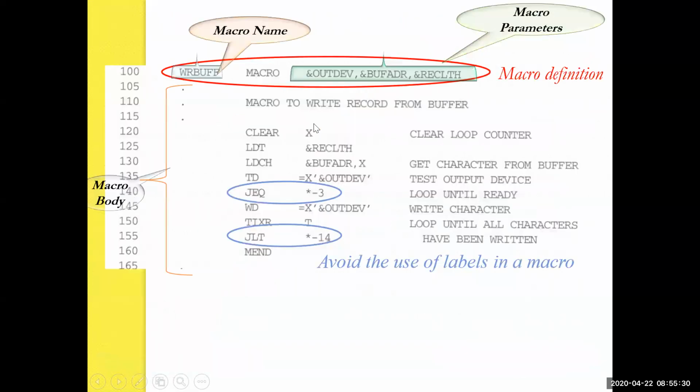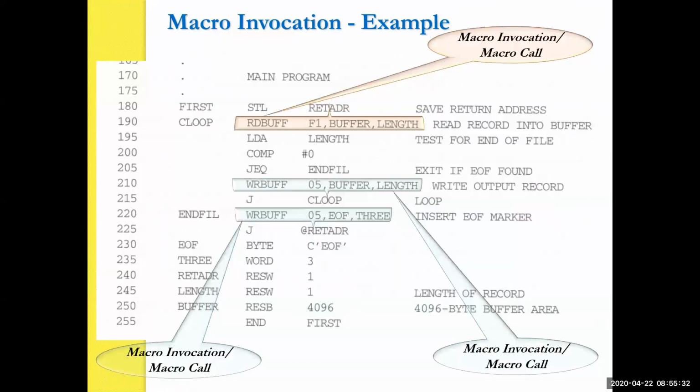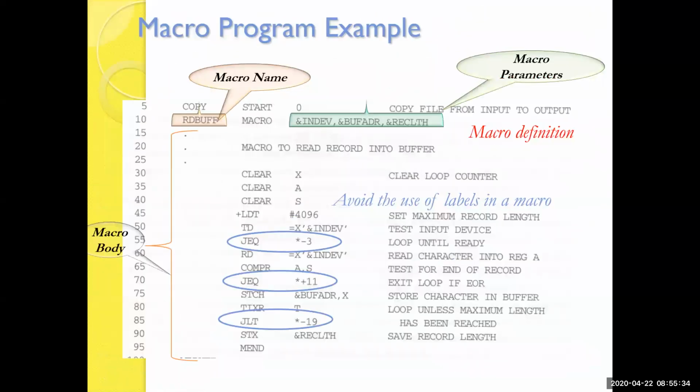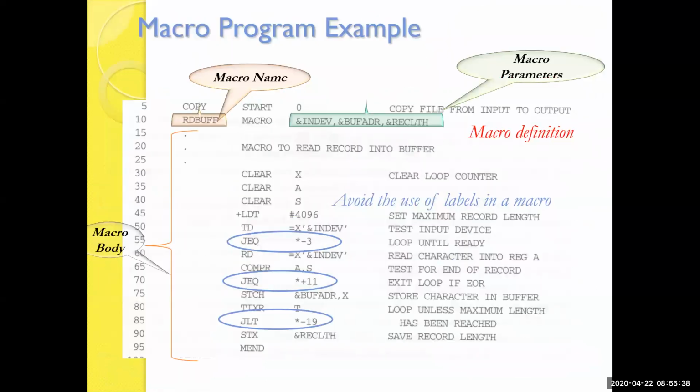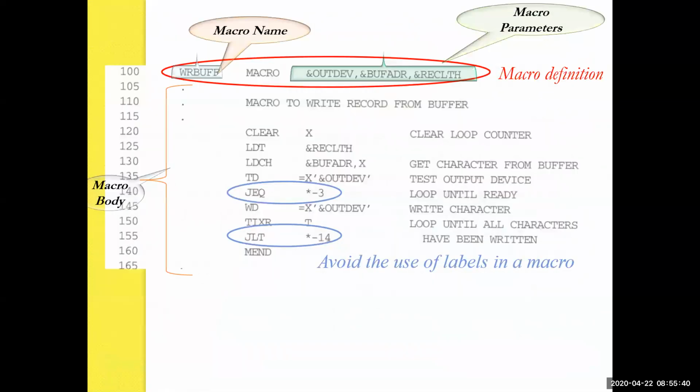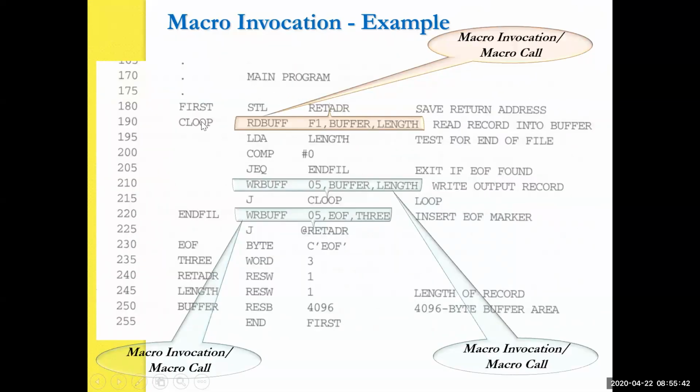F1 is to be substituted for INDEV, BUFFER has to be substituted for buffer address, and LENGTH has to be substituted for record length. Please note, this macro invocation statement has a label. So this label will be retained as a label to the first statement that is generated as a part of macro expansion for the macro RDBUFF, which is the first statement in the macro RDBUFF.